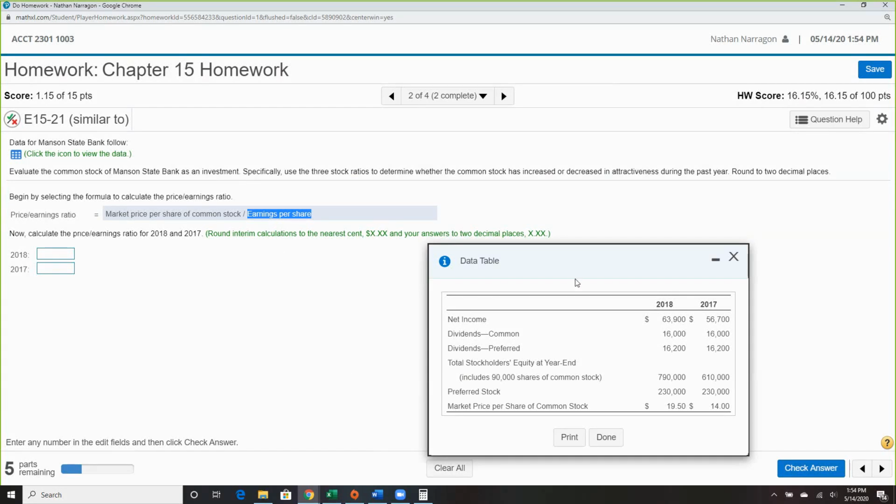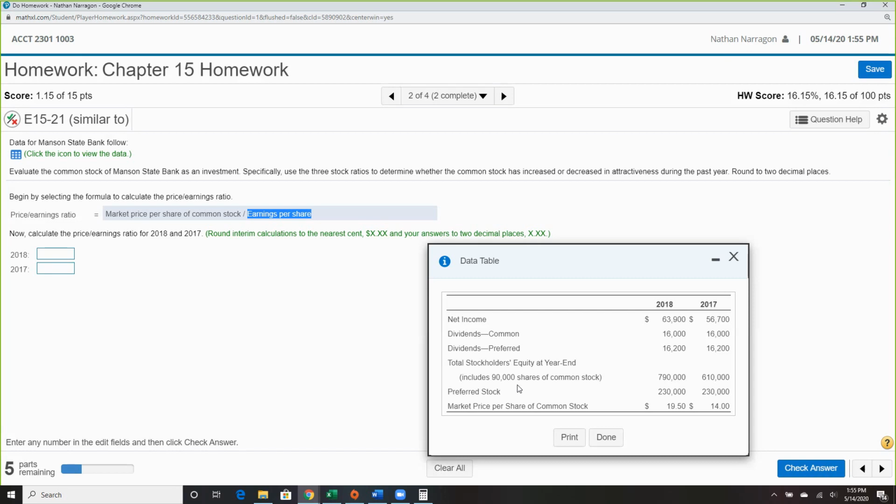Alright, so this includes 90 shares of common stock. Even though it's including 90 shares, we're going to look at this and see if we can figure this out.